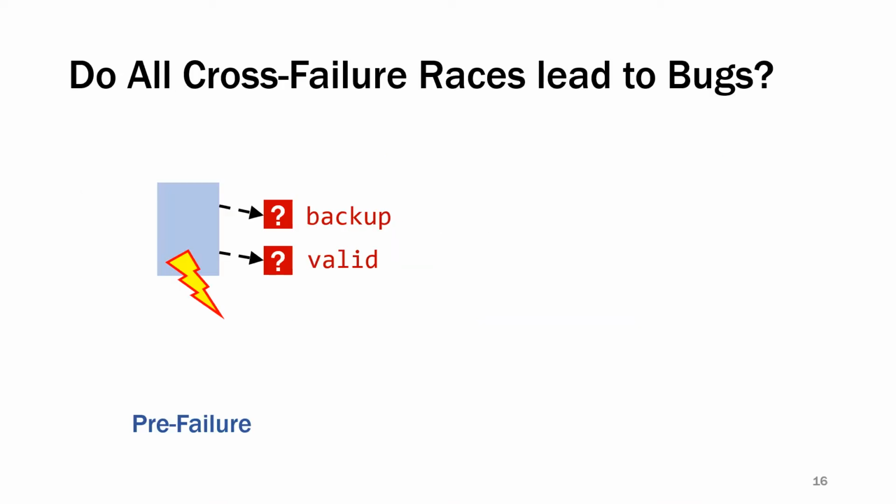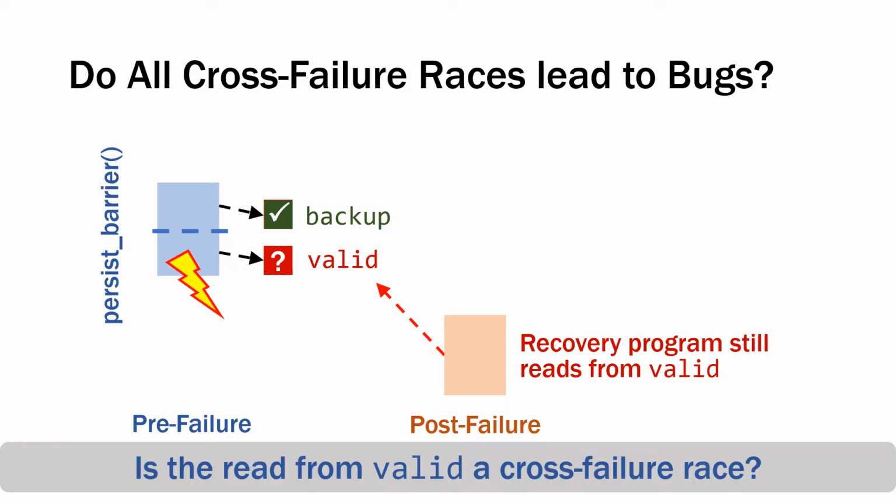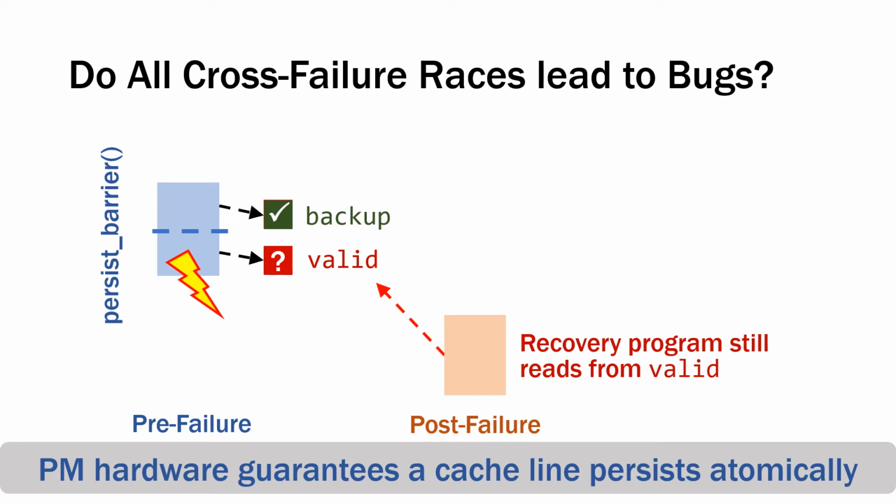In this previous example, we have fixed the first bug, that is, making sure the backup is persisted before the failure can happen. But the recovery program can still read from the valid bit, which is not guaranteed to be persisted. So is the read from the valid a cross-failure race? Fortunately, PM hardware guarantees the cache line to persist atomically.